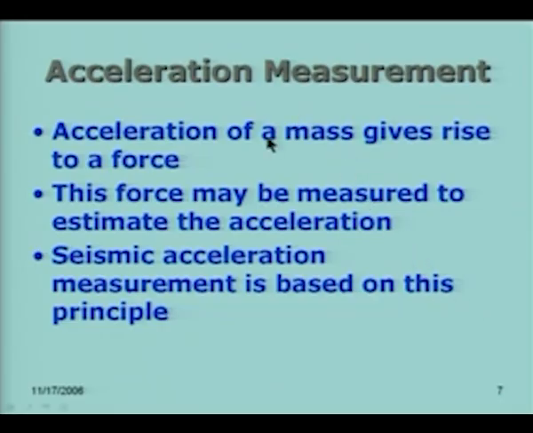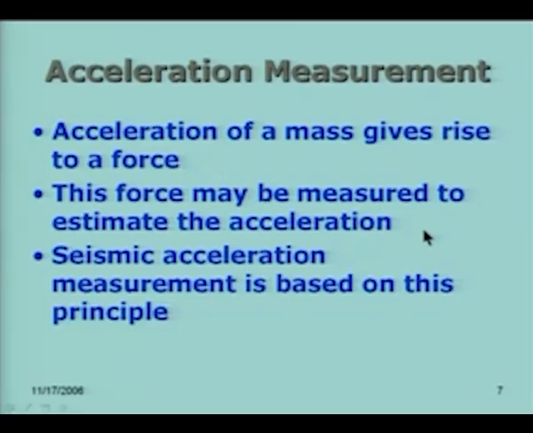If I have a mass and an acceleration is imposed on it, there is a force which it gives rise to. So, the force is nothing but mass into acceleration. An acceleration imposed on a mass gives rise to a force, and in fact this force may be measured to estimate the acceleration, because acceleration is not directly measured. The force can be measured by using any of the methods we have just now discussed.